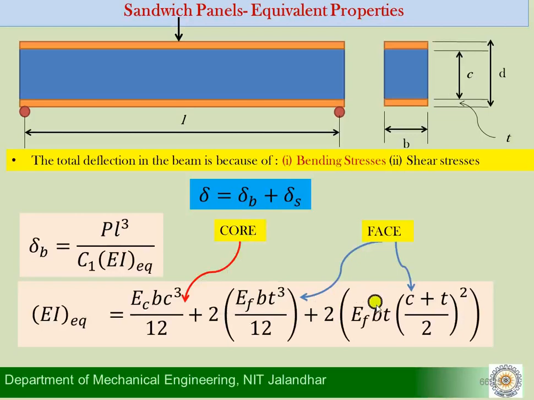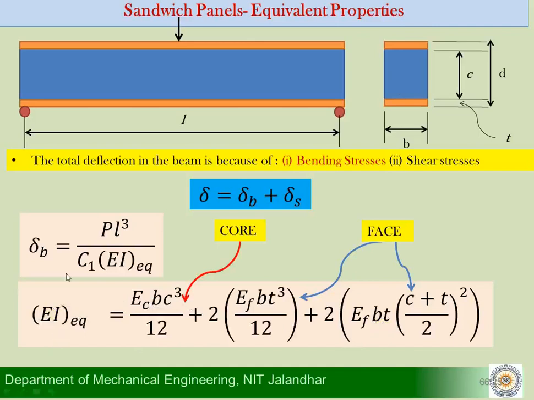It is A into D square, area into the square of the distance between the two axes, that is the central axis of the face and the centroidal axis of the beam, which is C plus T by 2 square, that is D square, into B into T. B into T happens to be the area of the face.